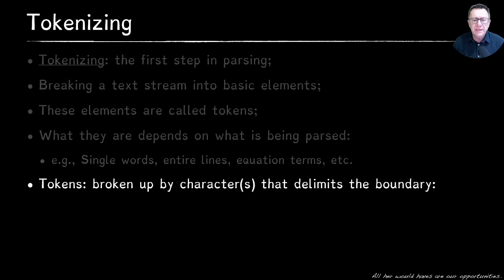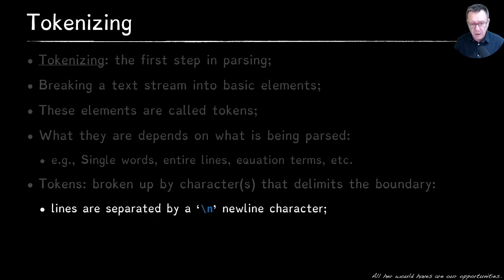Now, we can break tokens up. Okay, they can be broken up by a character or characters, and what these characters do is they delimit the boundary, all right? So they become like the delimiter. Now, one of the ones we use is new line characters.